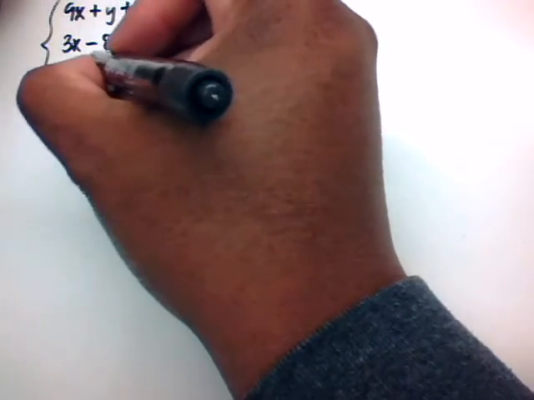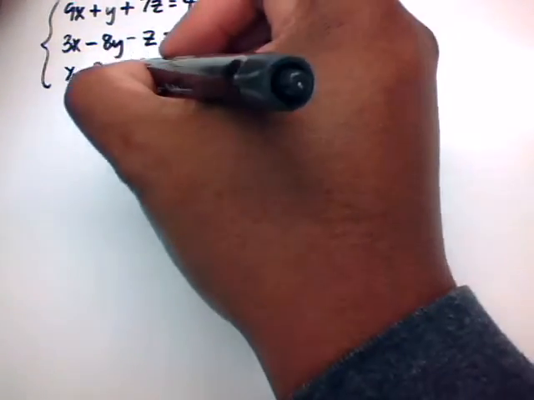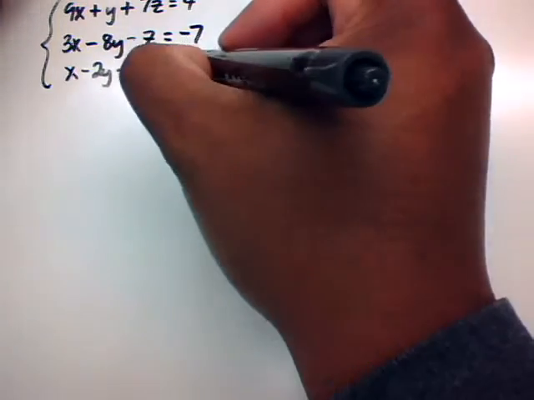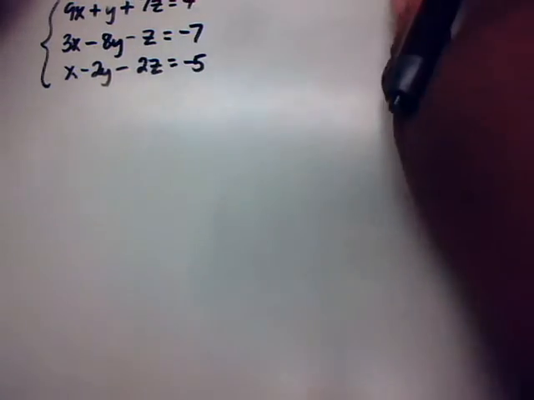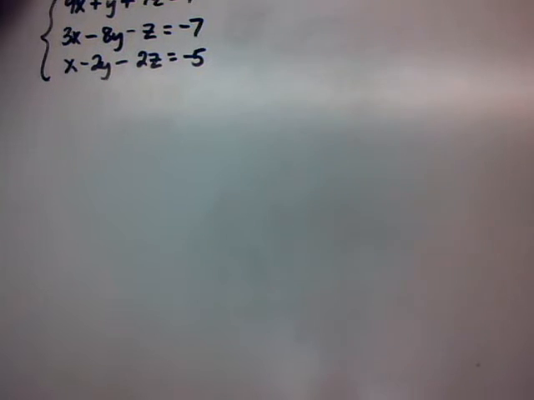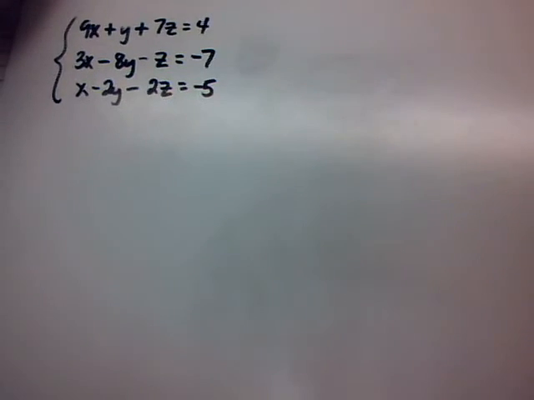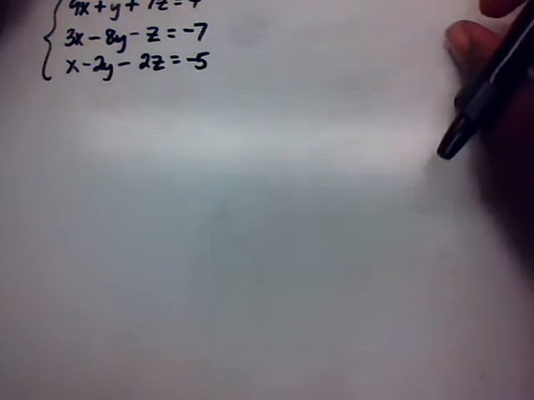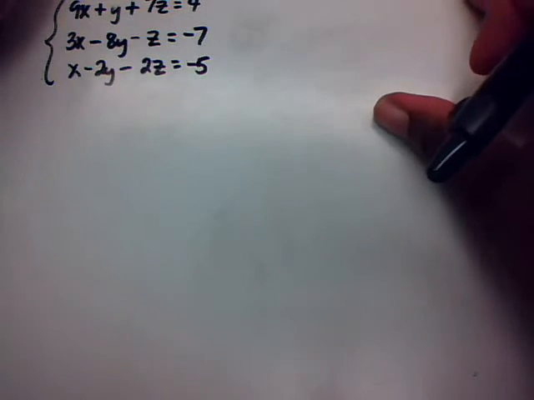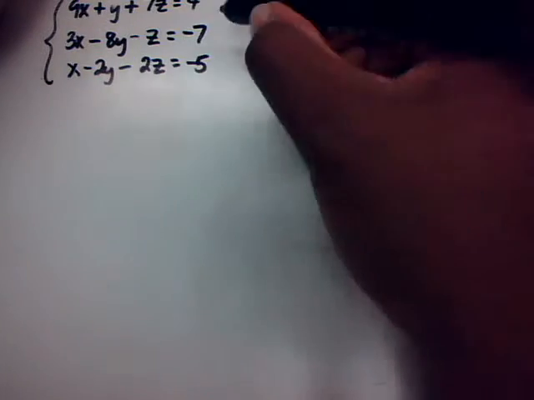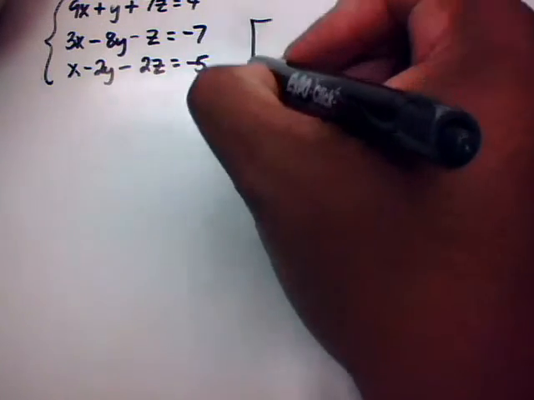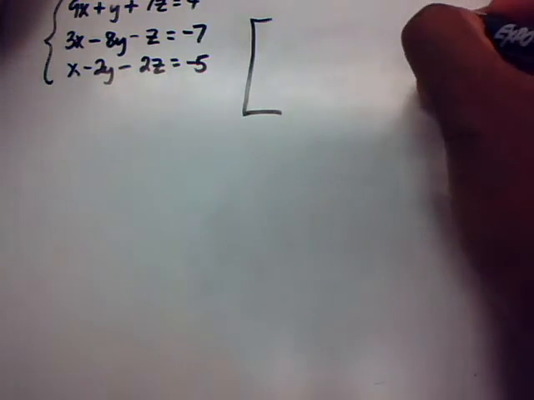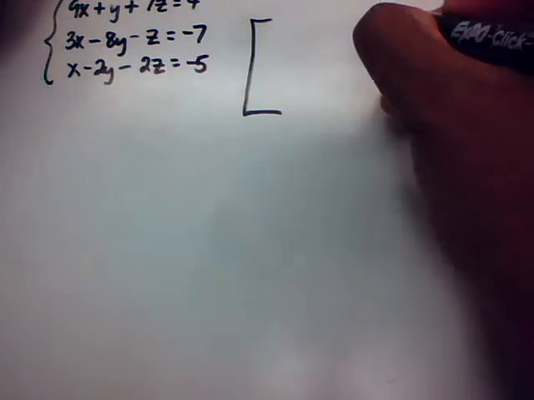And then x minus 2y minus 2z is equal to negative 5. So this is what my matrix is going to look like.